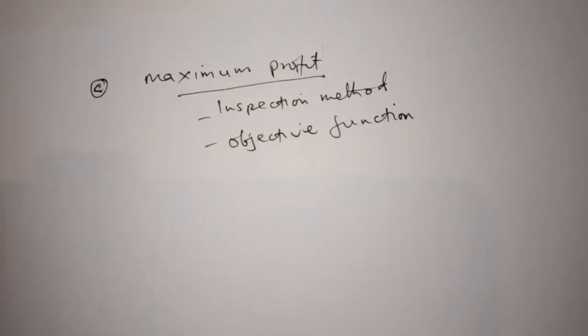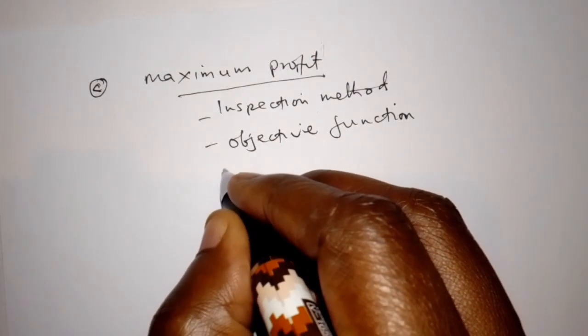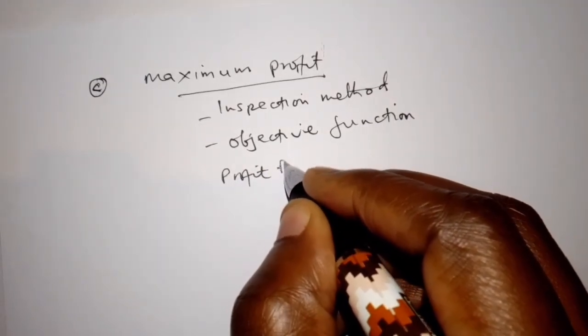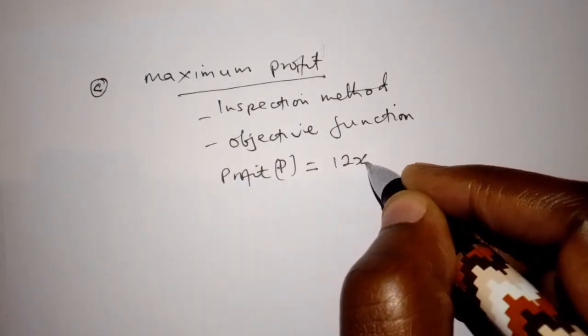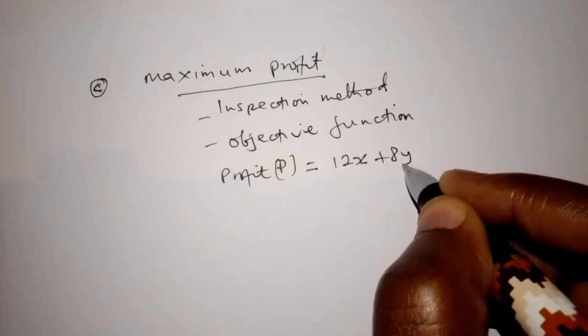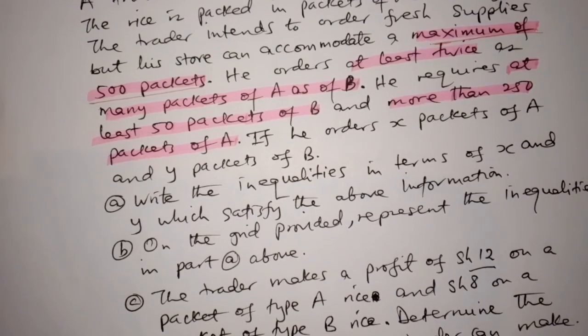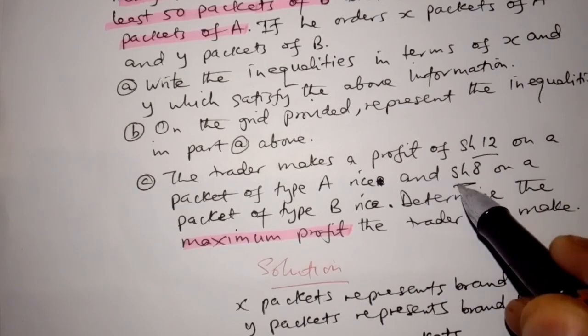So our objective function is profit P is equal to 12X plus 8Y.